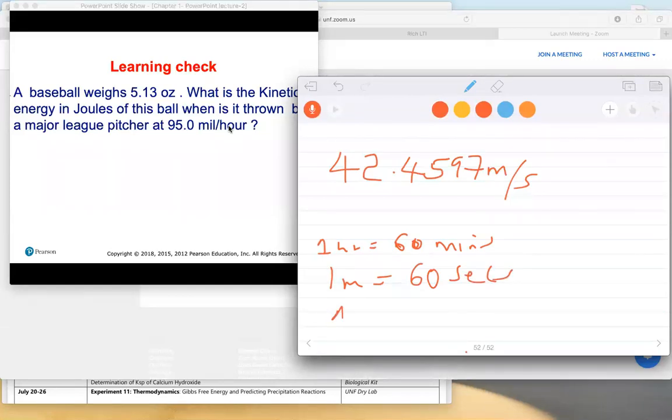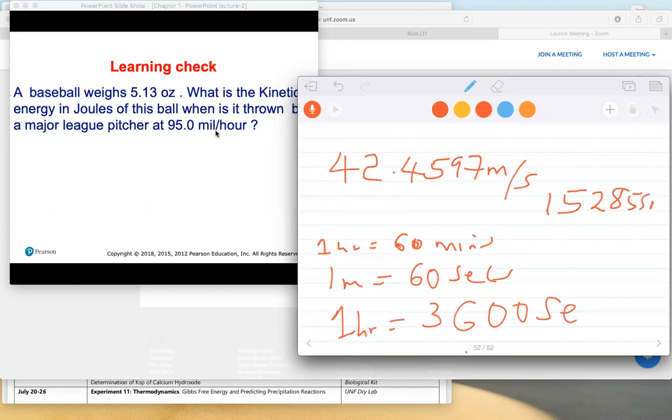So 1 hour equals to 3600 seconds, that's where the number came from. Per means you divide.